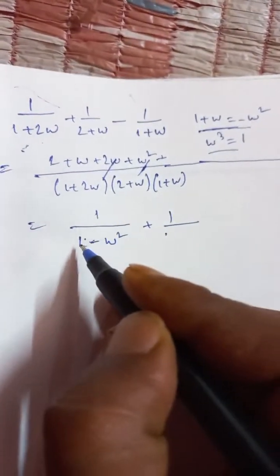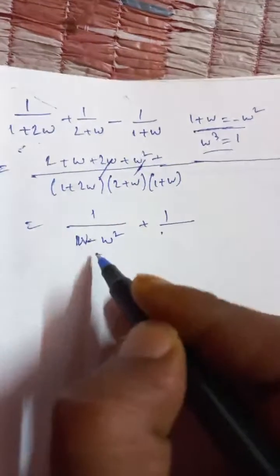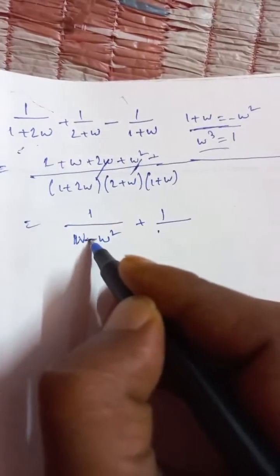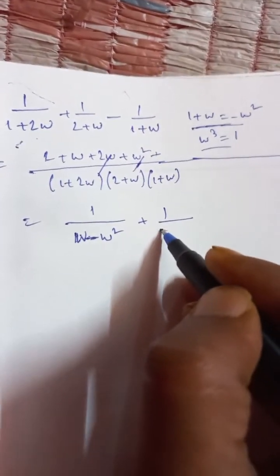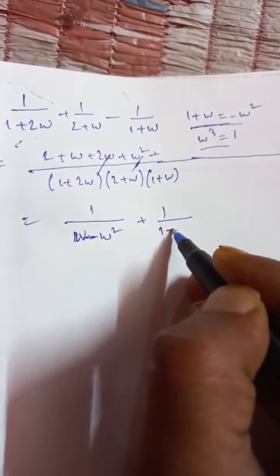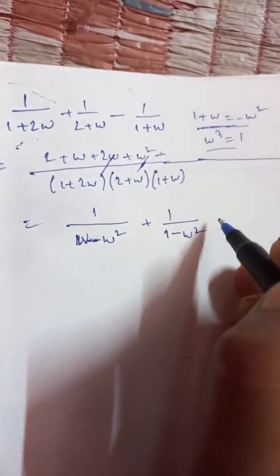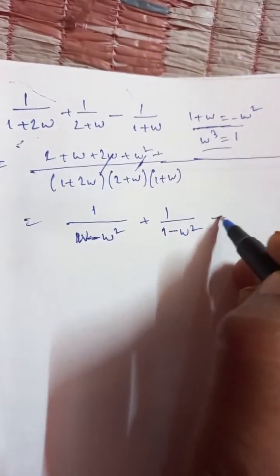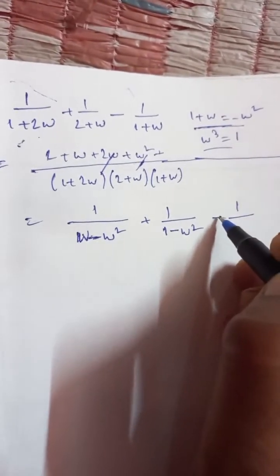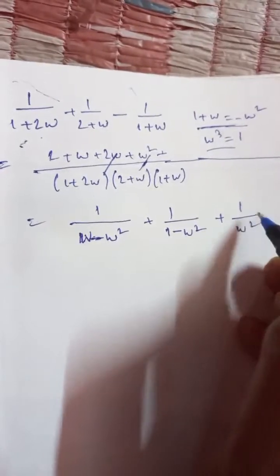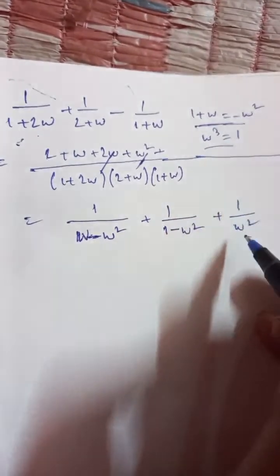So this will be omega minus omega square, omega minus omega square, and here it will be 1 minus omega square, and here it will be 1 by, plus, it will be plus omega square, and minus omega square will be plus omega square.